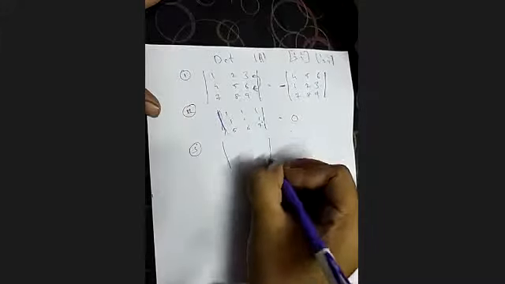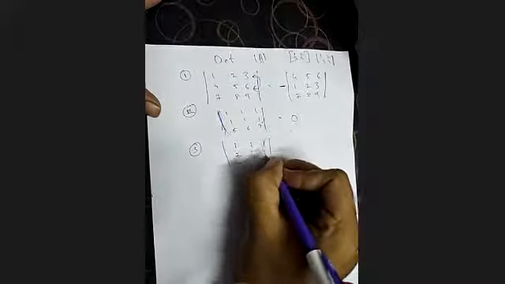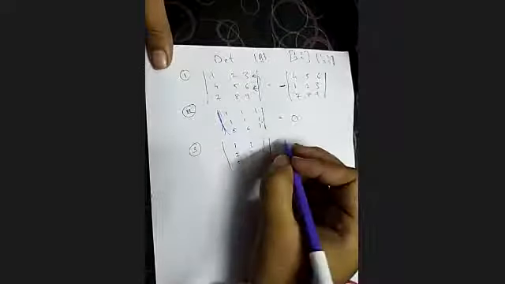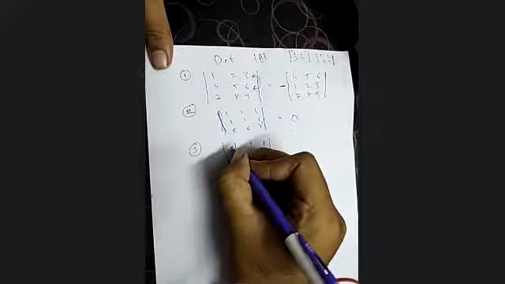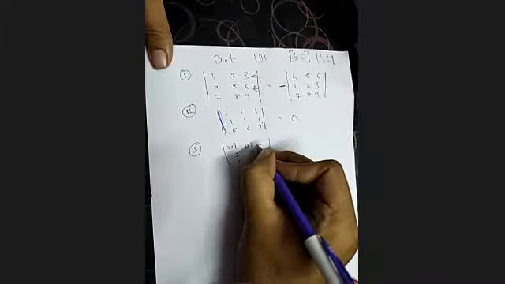If all the elements of a row or column are multiplied by a number k, then the determinant is equal to k times the determinant of the original matrix. If this is the matrix, and I am multiplying it with some number, let's say 2, I can write it as 2 times the whole matrix, 1, 1, 1.